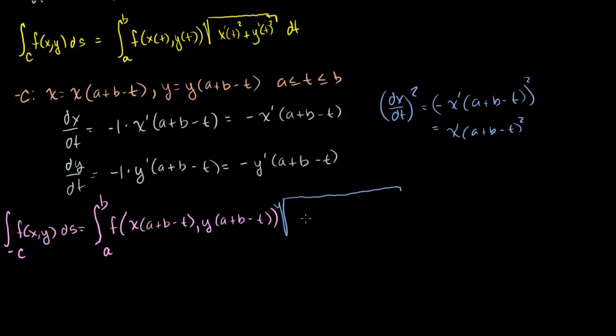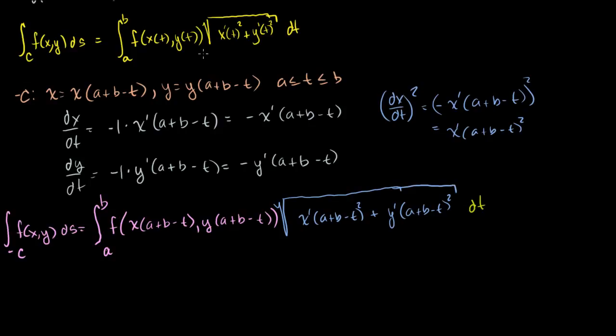So that's going to be equal to x prime of a plus b minus t, the whole result squared, plus dy dt squared. By the same logic, you lose the negative when you square it, y prime of a plus b minus t squared. Extend the radical, and then all of that dt.